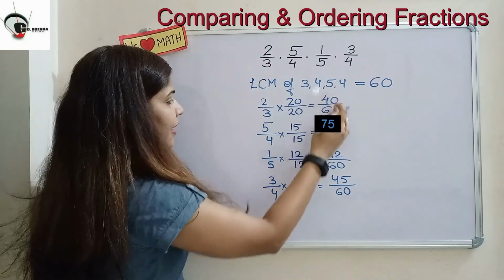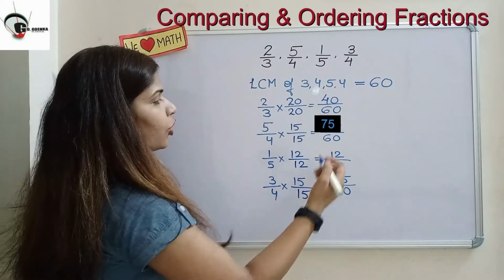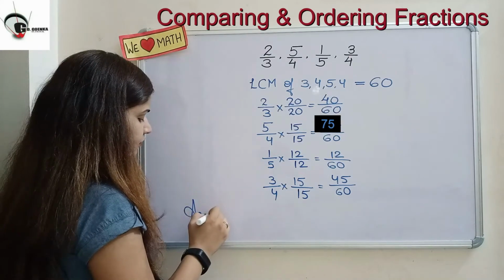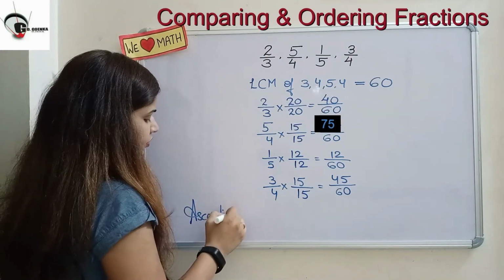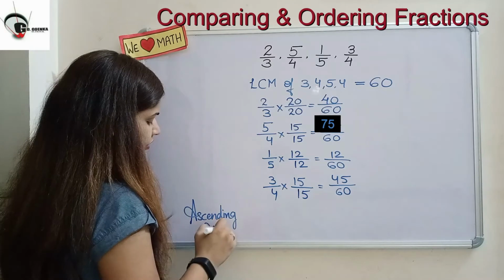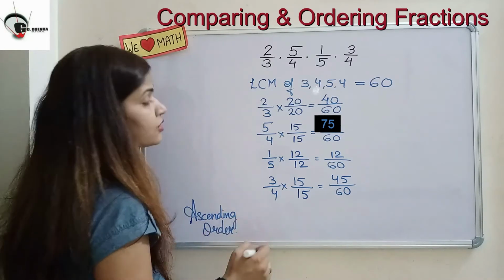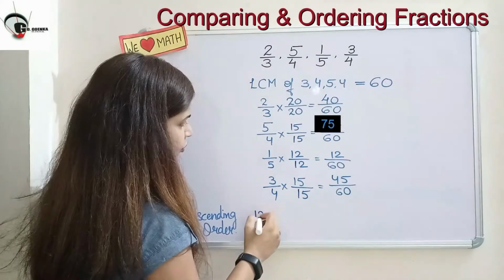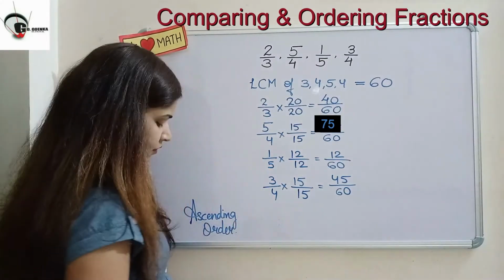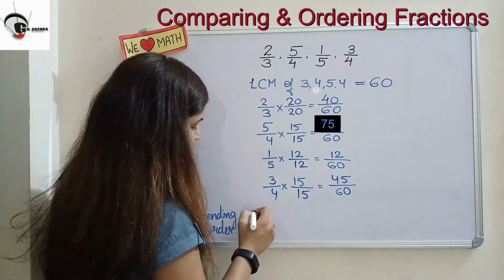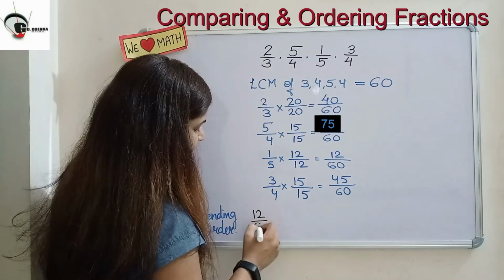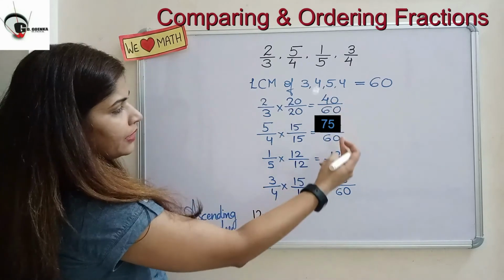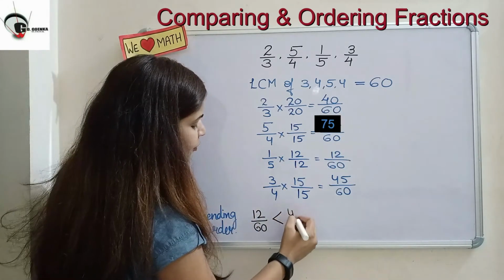Now I can compare them easily. If I am doing ascending order, I need to write down the smallest fraction first, and yes, you are right, it is 12 upon 60. 12 upon 60 is smaller than the next, which will be 40 upon 60.